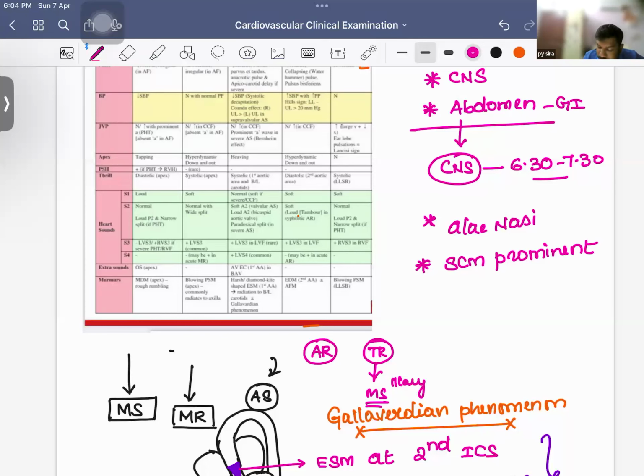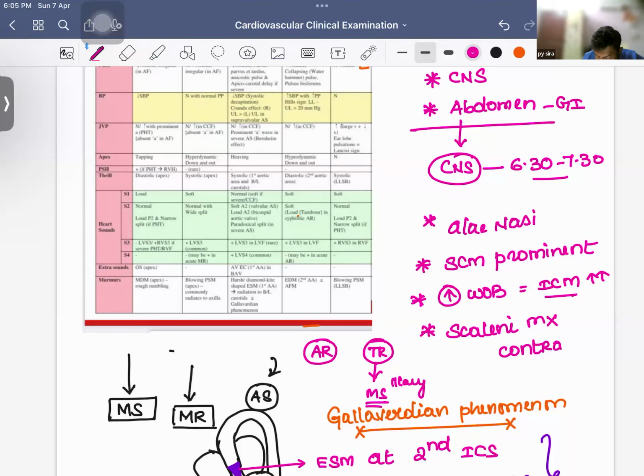Then with increased work of breathing, the intercostal muscles will be hyperactive. Then the scalene muscle will be contracted. All these indicate that the accessory muscles are hyperactive.